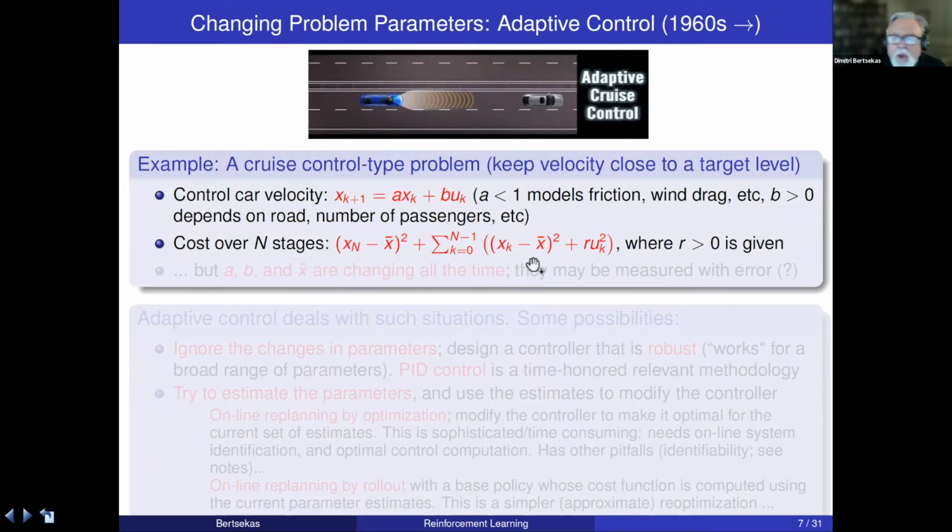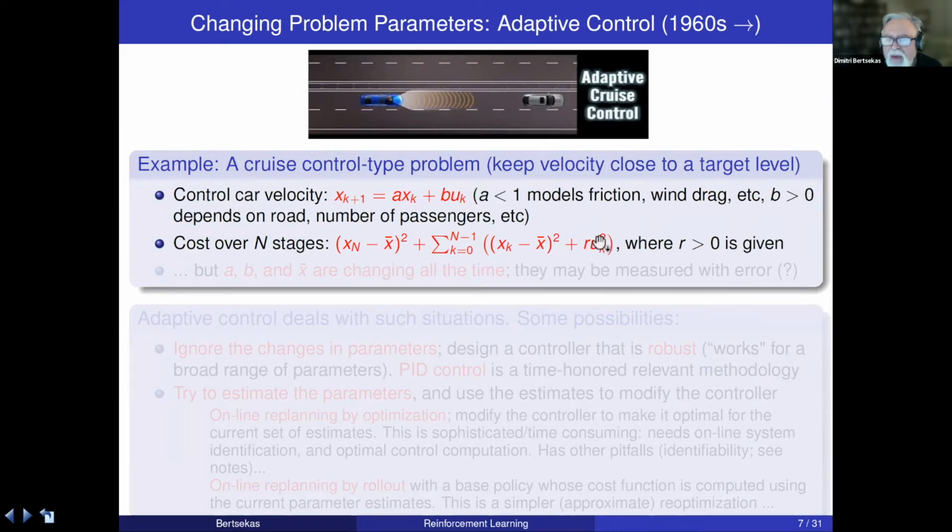Moreover, let's adopt a quadratic cost function, which is not unusual in this type of problem, where you want to keep the velocity close to some target velocity, a target level. This x bar is a target level that you set. And this quadratic objective penalizes deviation from that target velocity, and also penalizes large controls, okay?